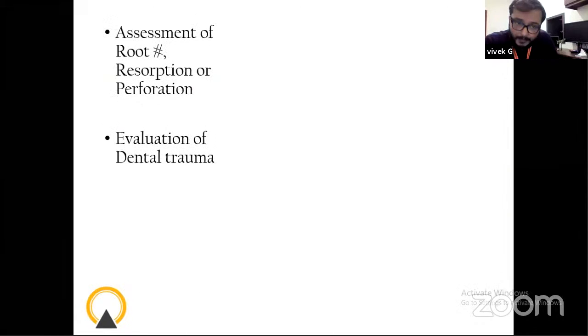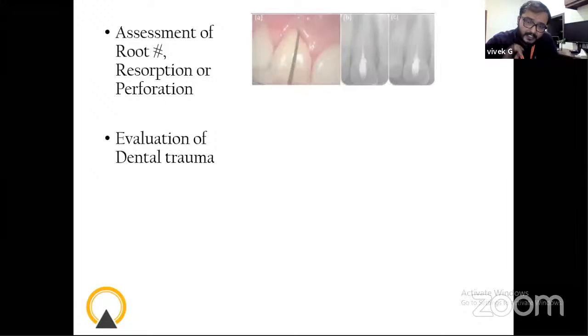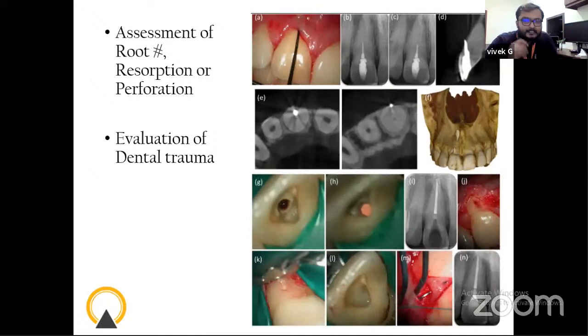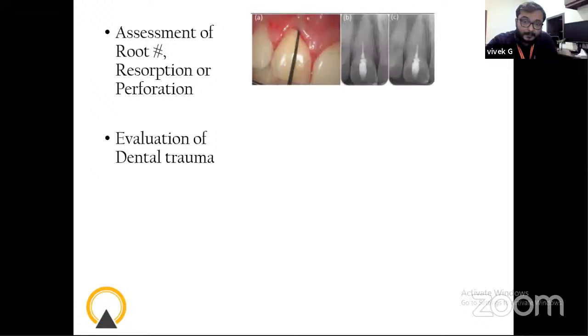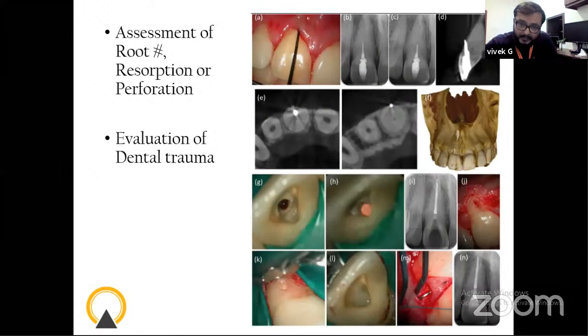Now, to talk about assessment of root fracture, resorption and perforation, again I will use another case. Here it is iatrogenic perforation. You can see that in this particular case, the patient came with a complaint of pain.